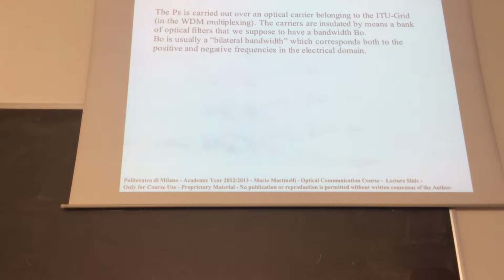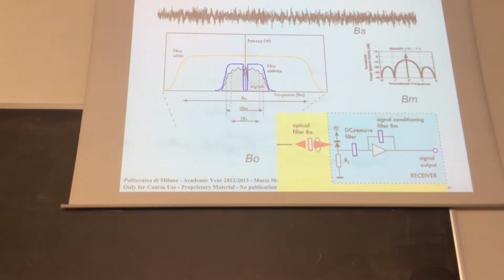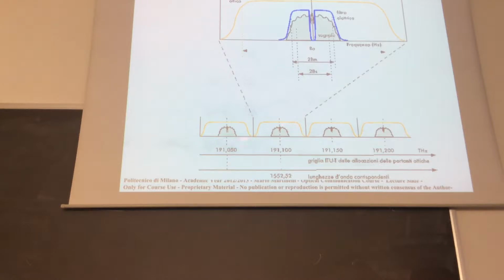Now, BO is usually a bilateral bandwidth, which corresponds to both the positive and negative frequency in the electrical domain. You see here that naturally BO is bilateral, because this is the optical spectrum.